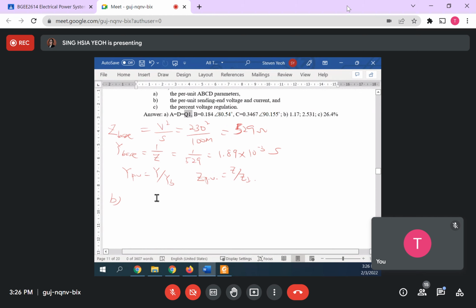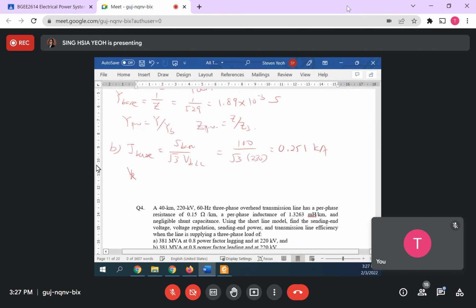Sending end current and voltage you need to get. So you need to get I base. I base will be equal to S base over sqrt 3 V base line to line. So you are going to get 100 divided by sqrt 3 times 230, which is 0.251 kilo amp. Okay, so receiving end VR in per unit will be 220 over 230, so it is 0.9565 angle 0 degree.